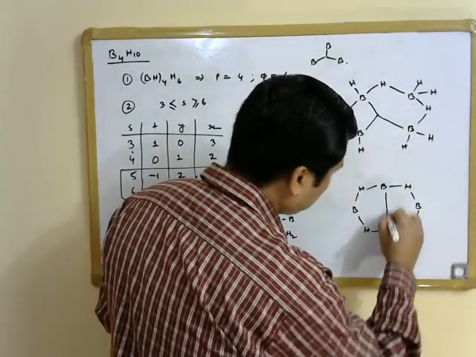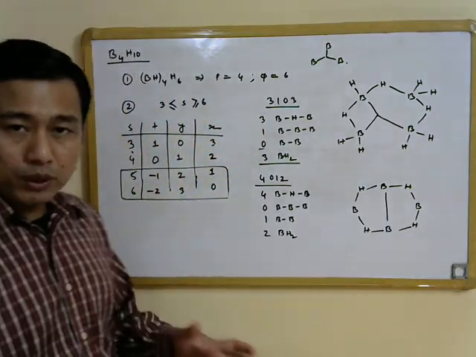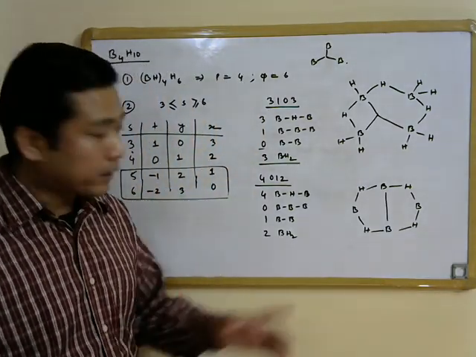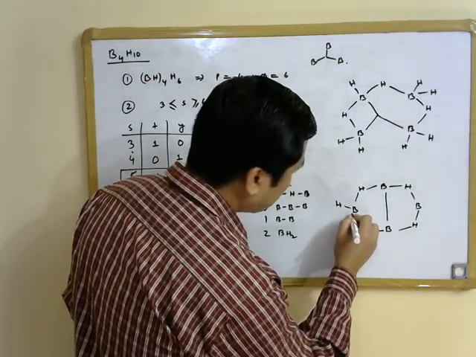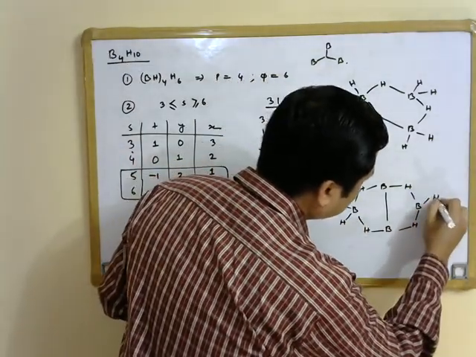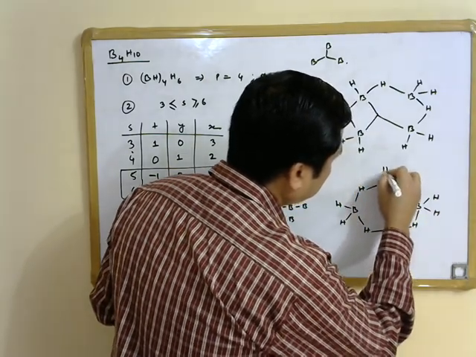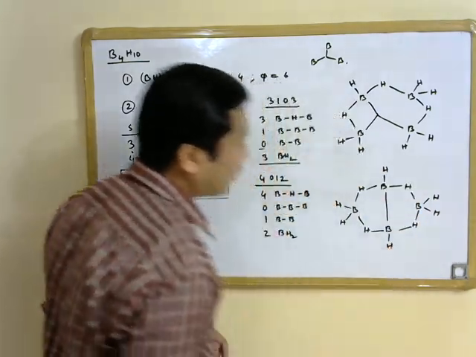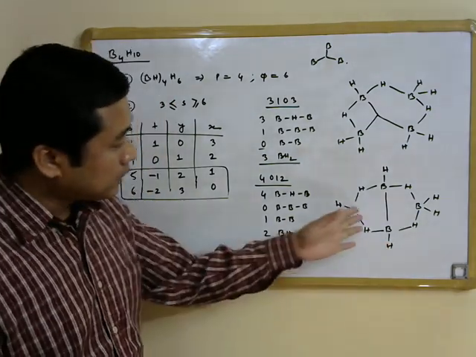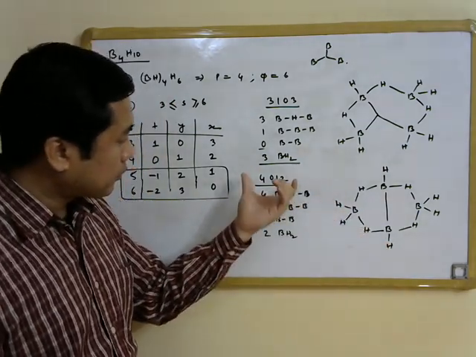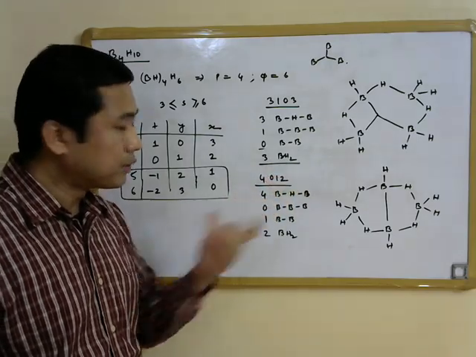So let's connect 2 of the boron centers by using one 2-centered 2-electron boron-boron linkage here, and then 2 BH2 groups. So let's place the BH2 groups in this way, and these boron centers will have only one terminal hydrogen atom attached to them. So that is the structure that we can get for this Styx code, that is 4012.